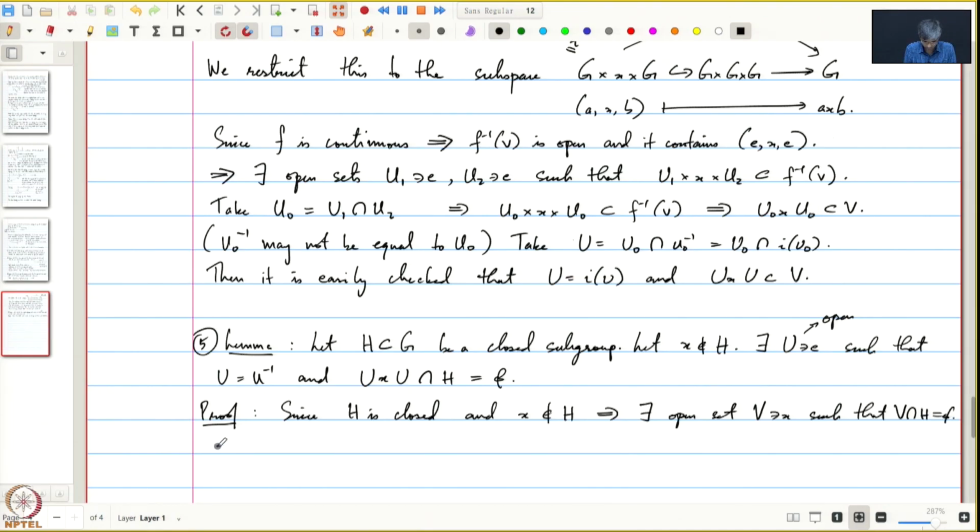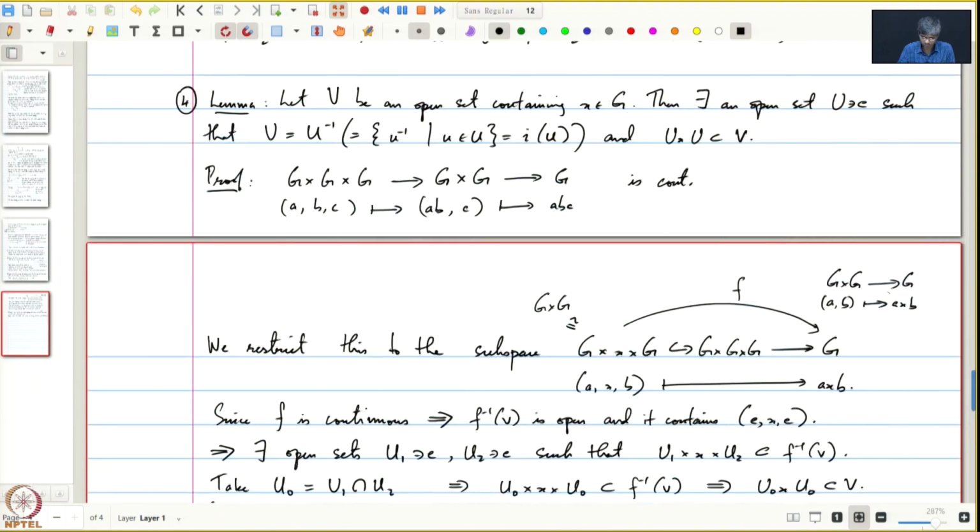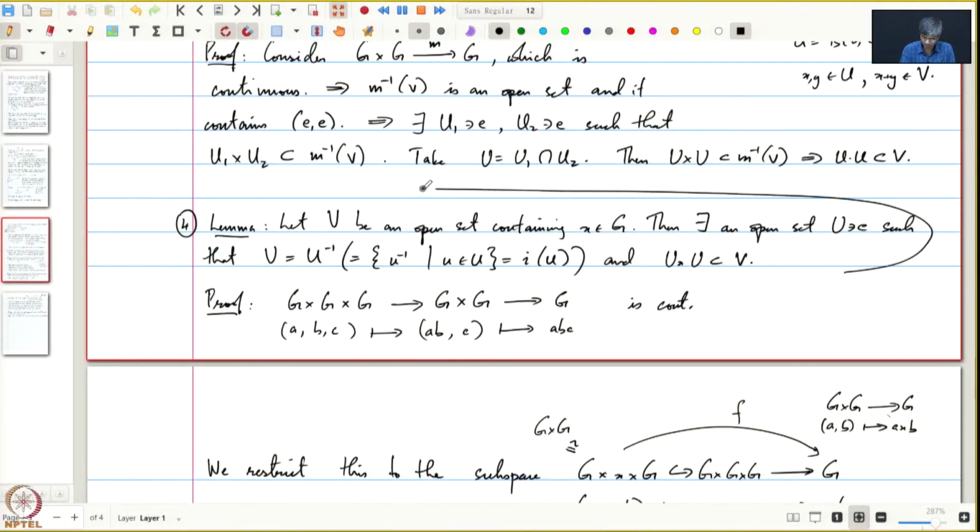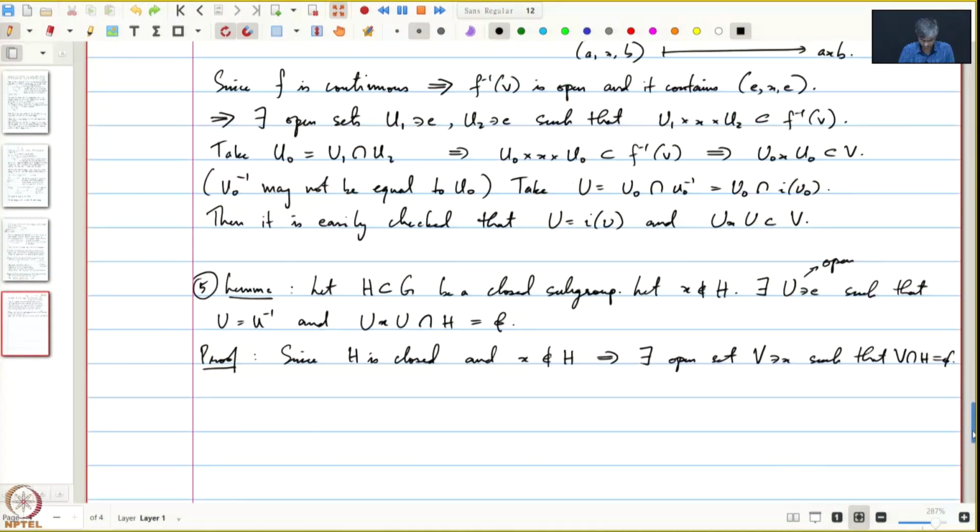So for this previous lemma that we proved, this point 4 implies there exists U open which contains identity such that U times U is contained inside V. Right. So this implies that U times U intersected H is empty.